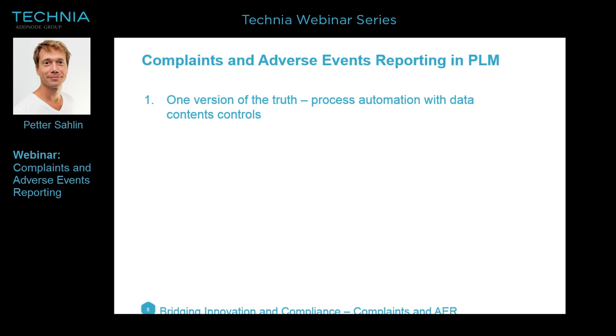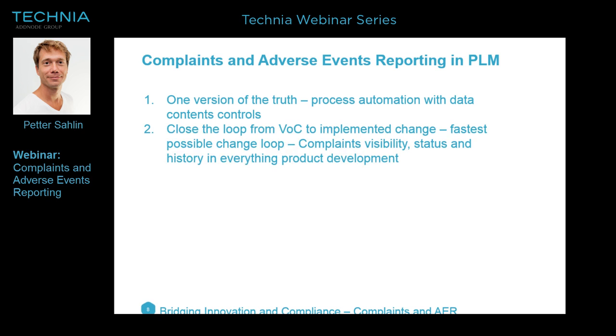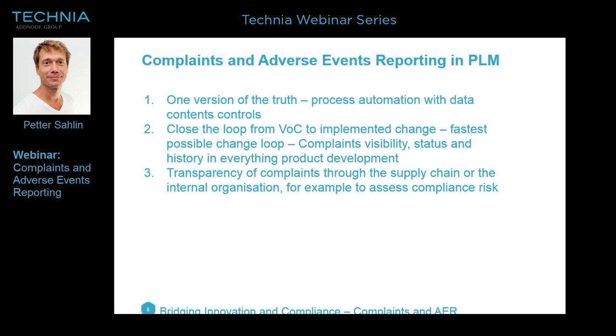The whole essence of this functionality is that we add the complaints information as well as adverse event reporting directly in the PLM platform, which really creates the foundation for a closed loop from the complaint to the CAPA to the change, so we can follow the complete analysis in the PLM platform.